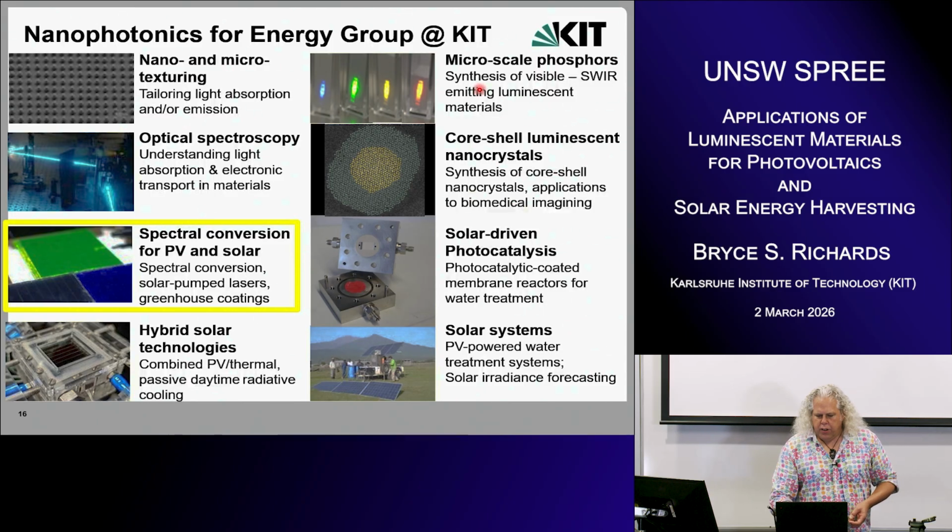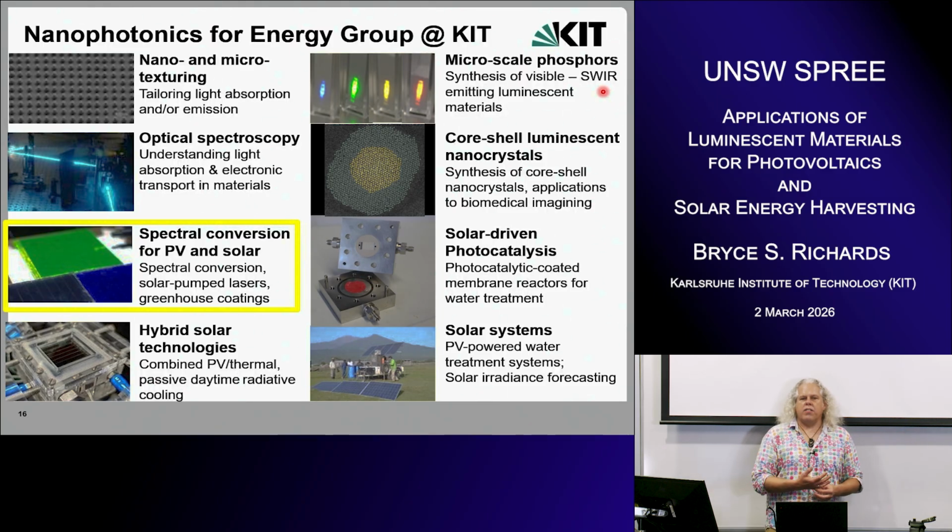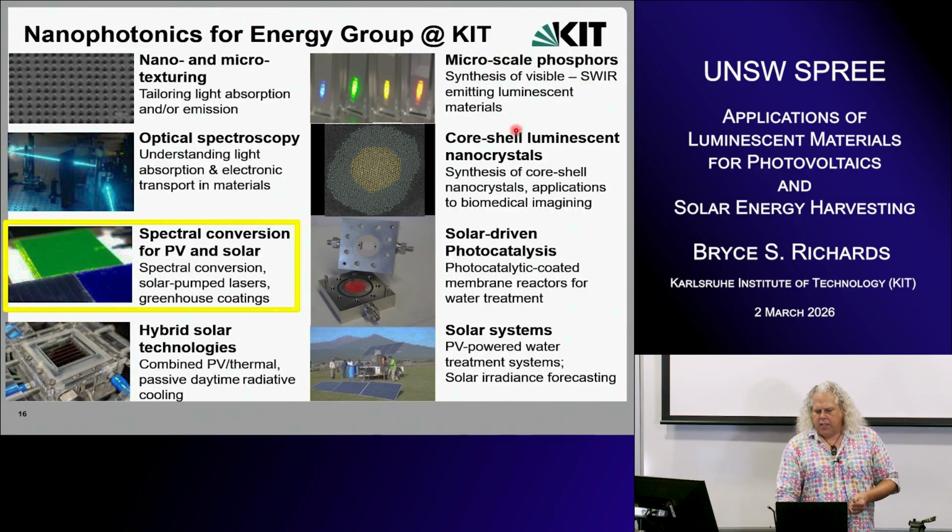The luminescent materials are covered here. These could be microscale phosphors, maybe emitting in the visible, maybe emitting way out into the infrared, depending on what the application is. And some of these we also do at the nanoscale, engineering core shell nanocrystals.